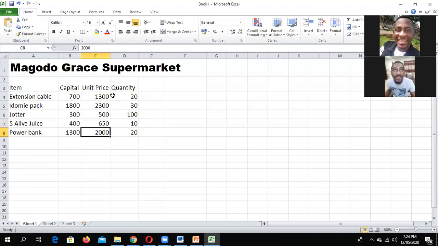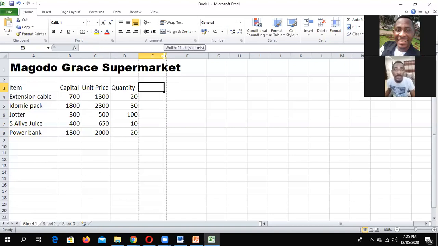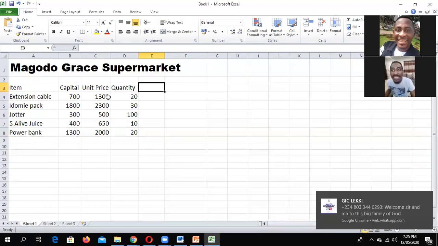First, I want us to calculate. I'm going to start this class with multiplication, because the first thing I want to do is I want us to learn how to do subtraction first, so that we would find out how much they made from units, from selling each item.